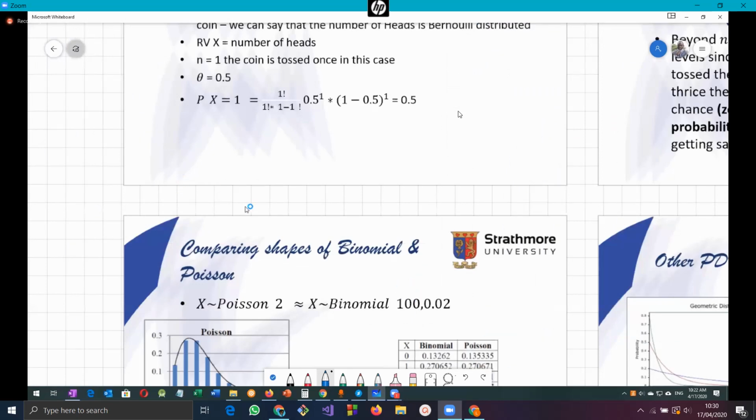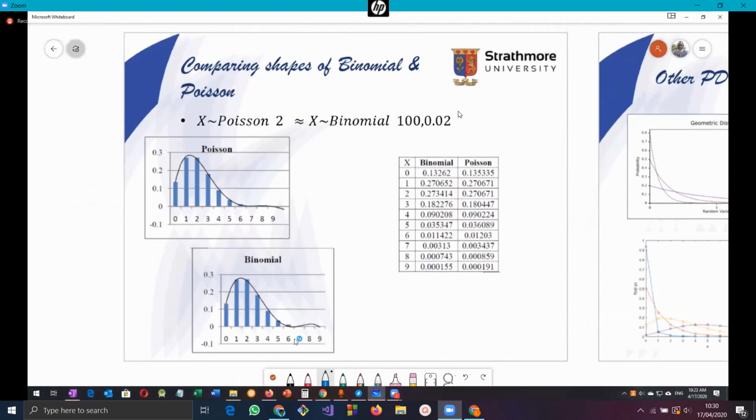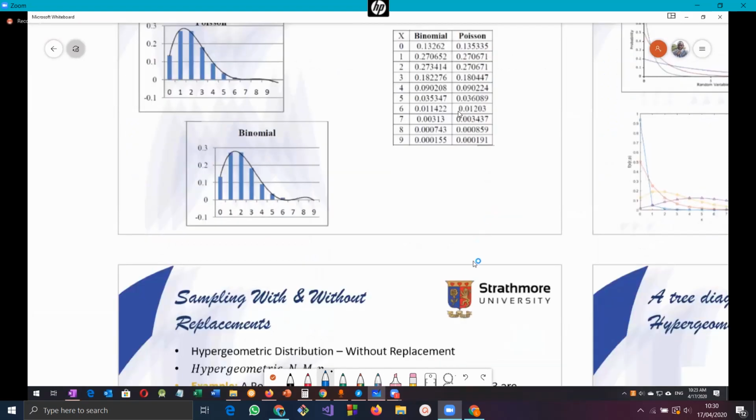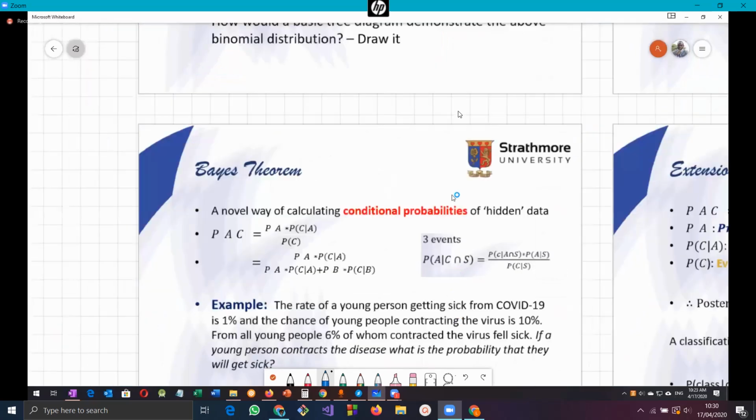Like Poisson, it is skewed, and it shares the same shape with binomial, so we say they are relatives. And then I will go into what we call Bayes' theorem, which is the heart of machine learning. And then I will be able to finish probability.